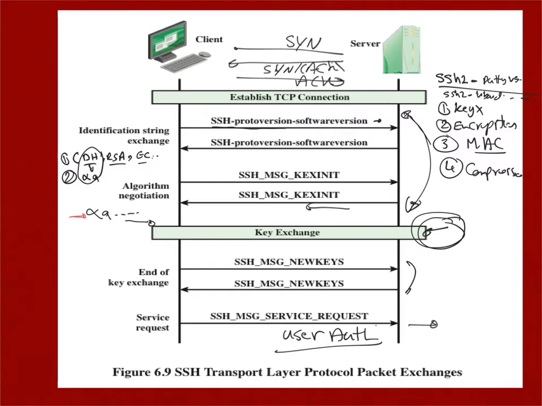So in addition to the alpha and Q and everything, the client also has the public key of the server. So the key exchange itself should be called authentication and key exchange, because the server authenticates itself to the client.